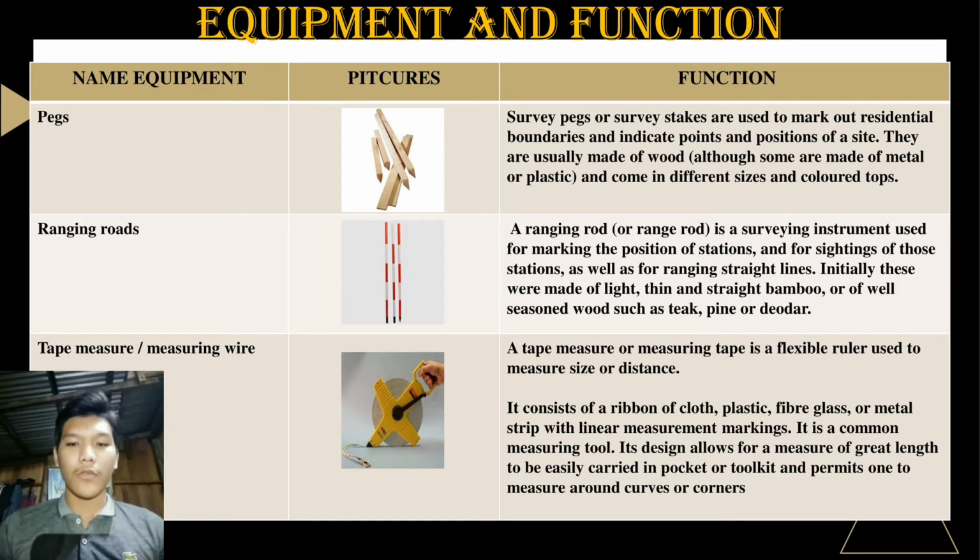A tape measure is a flexible rule used to measure size or distance. It consists of a ribbon of cloth, plastic, fiberglass or metal strip with linear measurement markings. It is a common measuring tool, designed to be easily carried in a pocket or toolkit and permits one to measure round curves or corners.